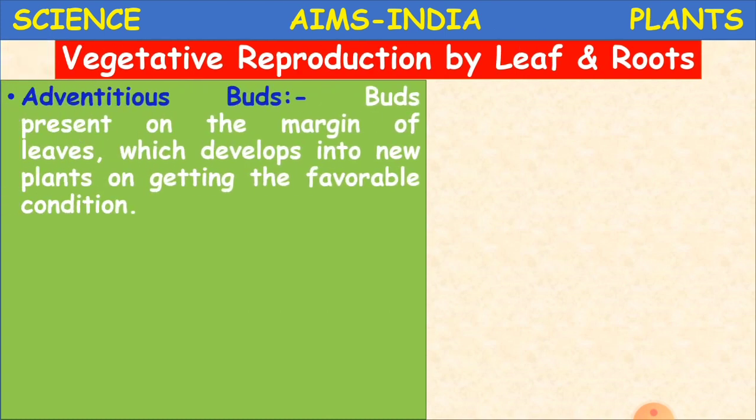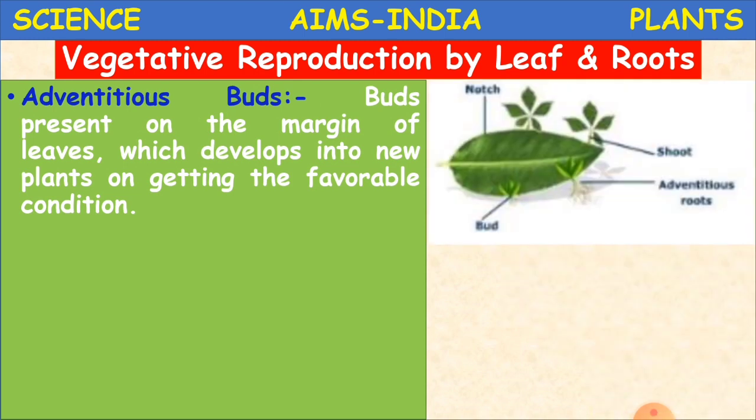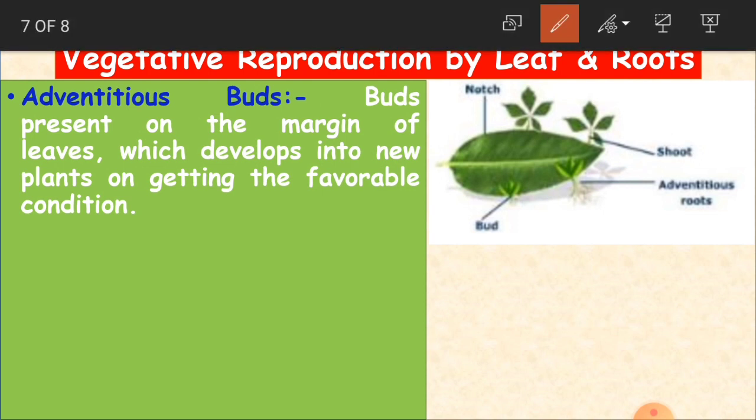So it is about reproduction by leaf and roots. Until now we learnt about the stem, reproduction by stem. Now it is about leaf and roots. So adventitious buds: buds present on the margin of the leaves which develop into new plants on getting favorable conditions. If you see here, children, this is the picture of the leaf.